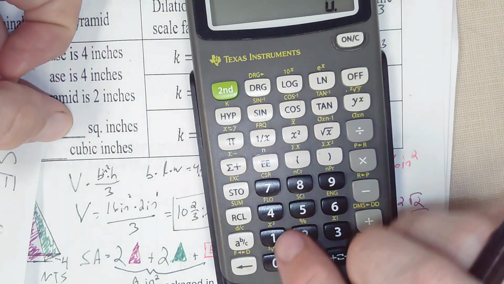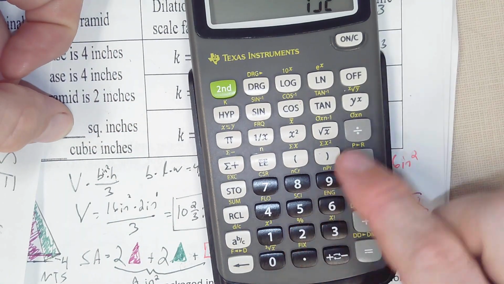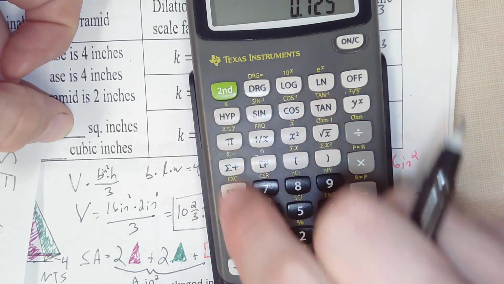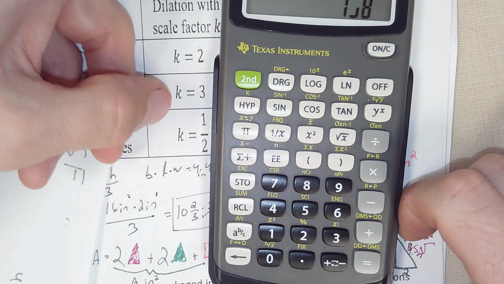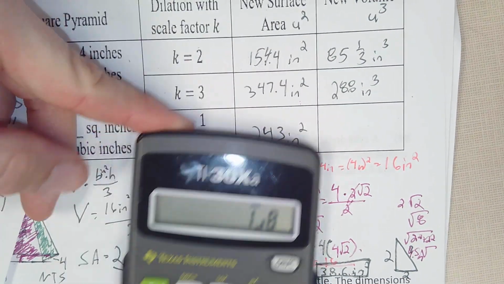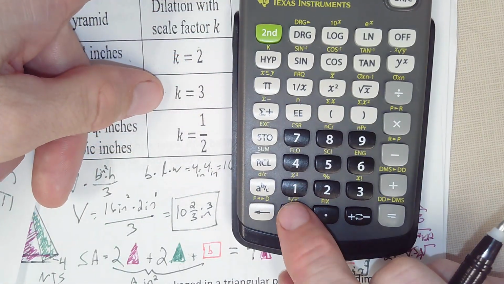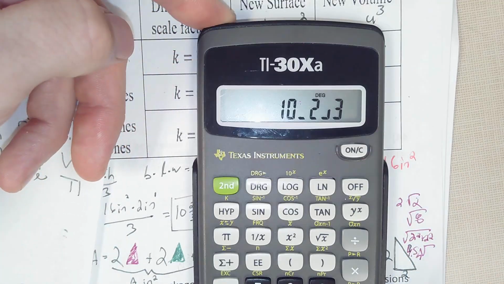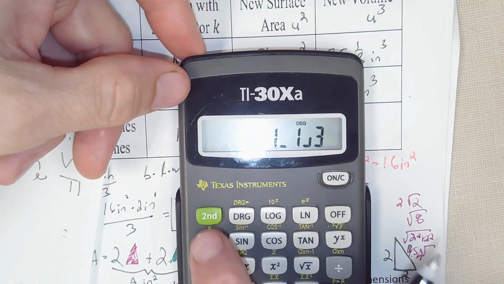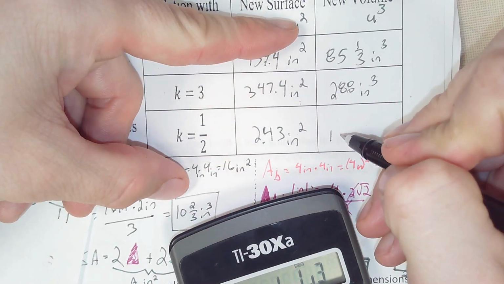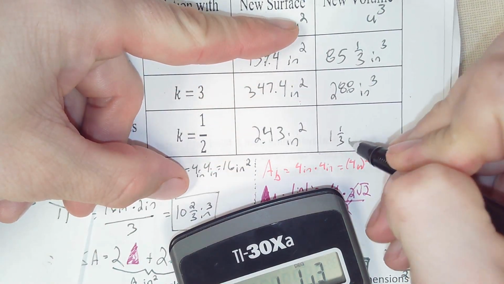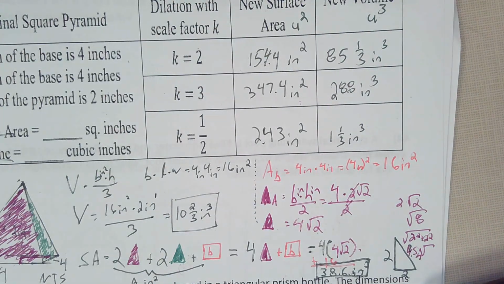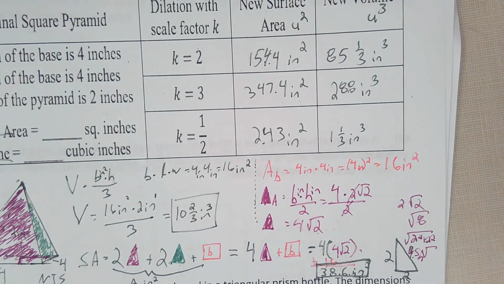Okay, 1/2 to the third equals 1/8 times 10 and 2/3 equals 1 1/3 inches cubed. All right, so that's how you do that one. That was 17 minutes long. That's enough for one video.